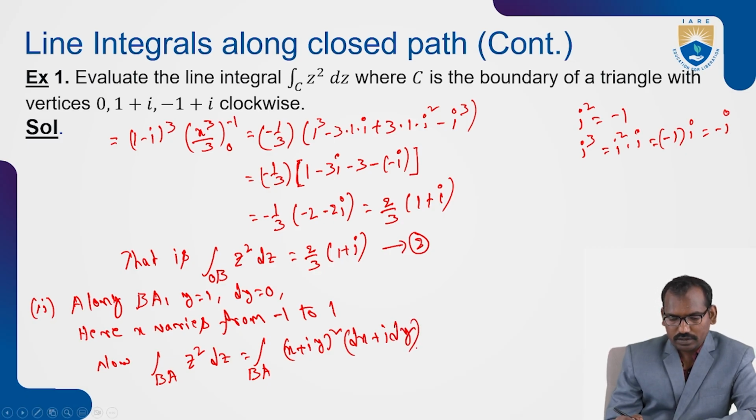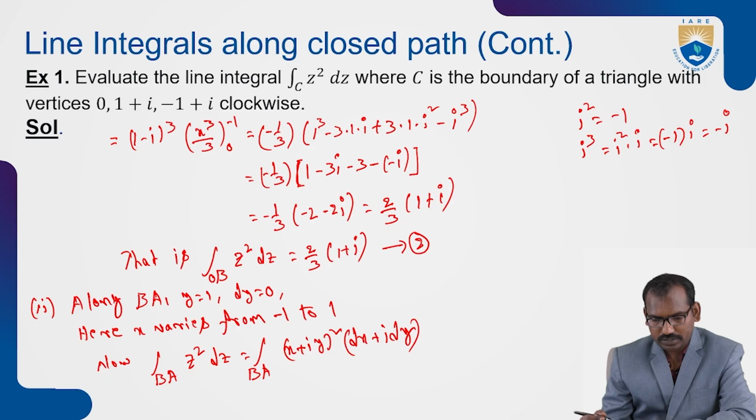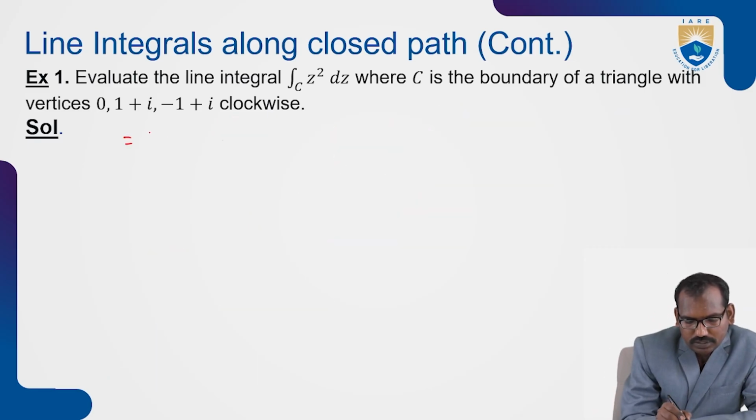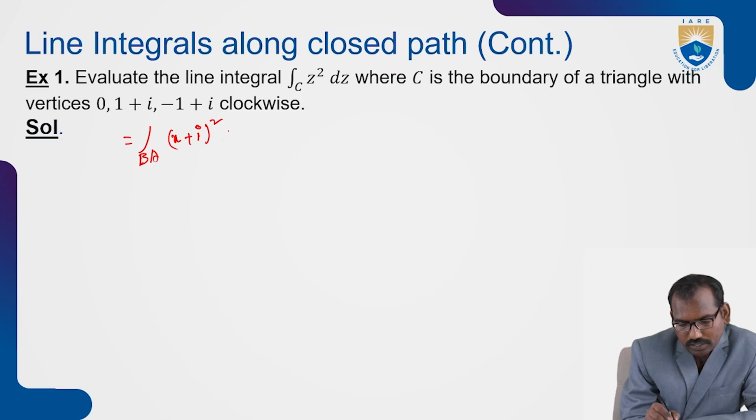Okay. Now y is 1 here, right? Here it is integration from B to A. It becomes (x plus i) whole square and dx only, because dy is 0.